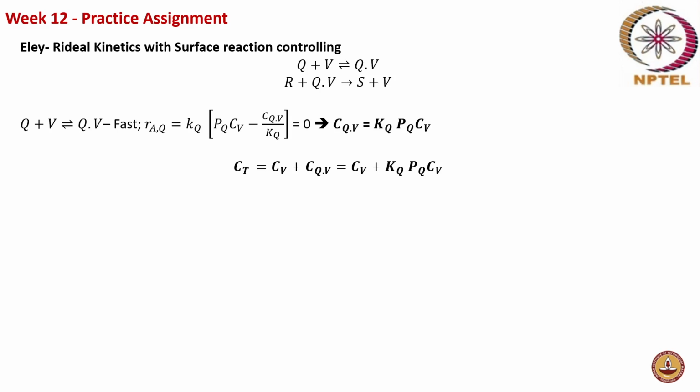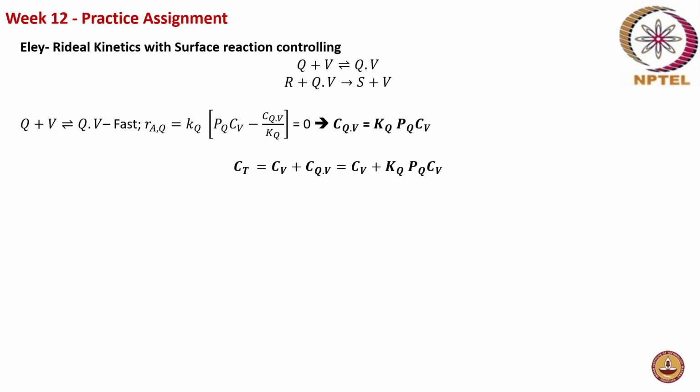So the rate of adsorption is equal to K, the adsorption coefficient, into PQ, the partial pressure of reactant Q, into CV minus CQV by KQ, and that is equal to 0 because this step is very fast. So the rate of adsorption is equal to 0, and you will get CQV is equal to KQ into PQ into CV.